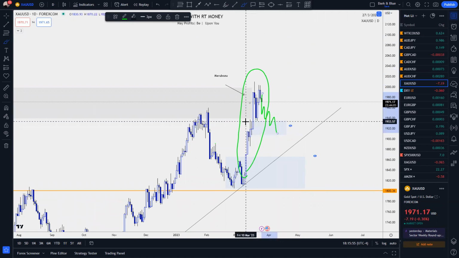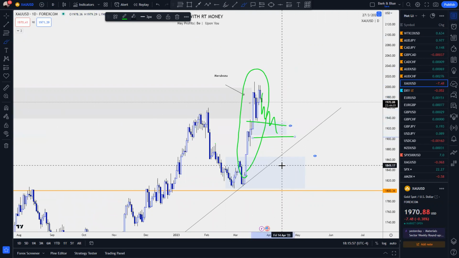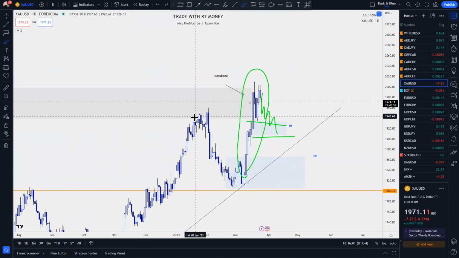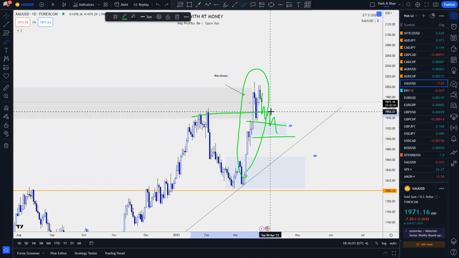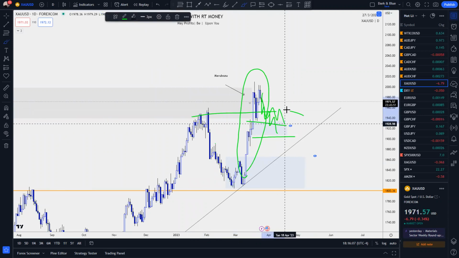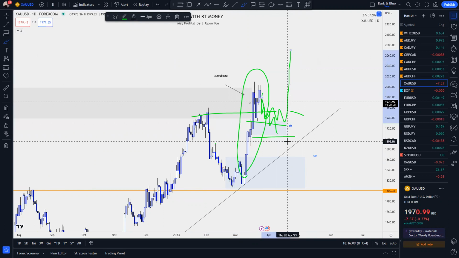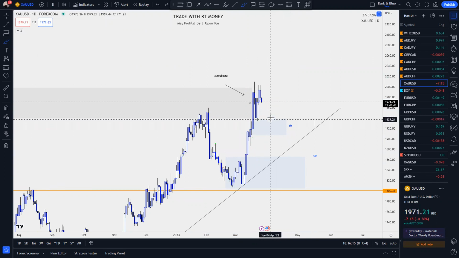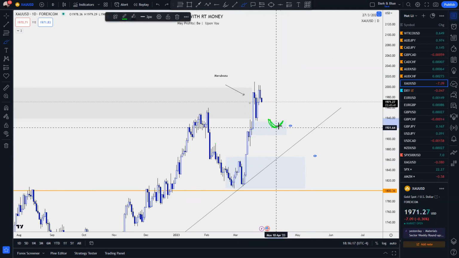This demand here is fairly weak, but it's at the point of the breakout, right below the breakout. So if it comes here, this might hold and give us a proper buy setup. I'm going to watch this zone when the price does reach here, because I believe it will.